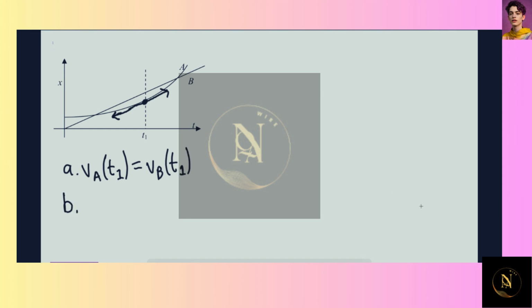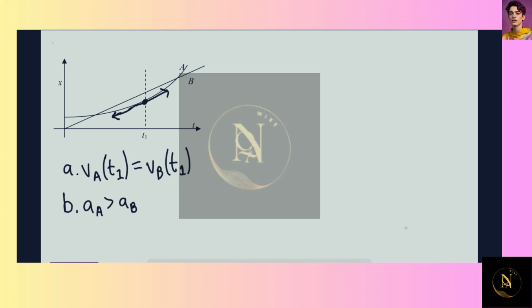For B, we're trying to find the greater acceleration, and we can say that the acceleration of A is greater than the acceleration of B because the acceleration of B is going to be 0. Because the graph for A is concave upward, this means that there is a positive acceleration.